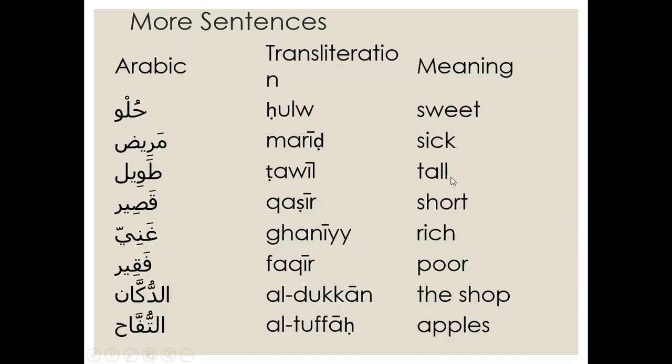When someone is tall, you say, هذا الرجل طويل. This man is tall. Then you say qasirun, short. When someone is short, opposite of tall, you say هذا الولد قصير. This boy is short.